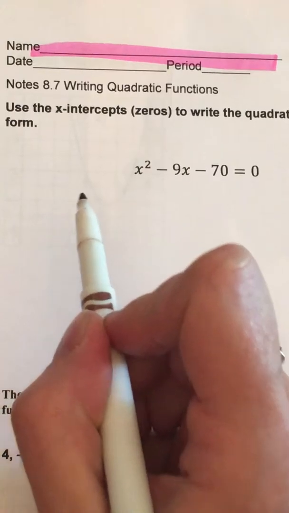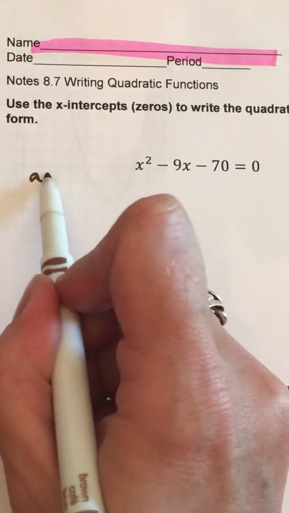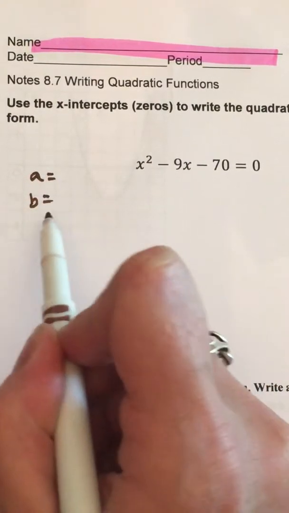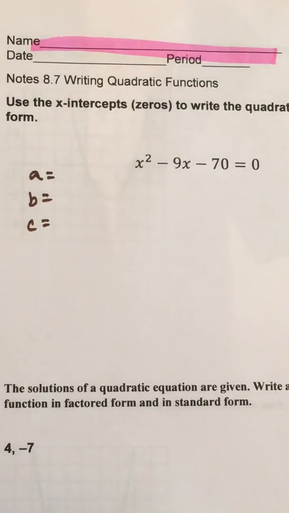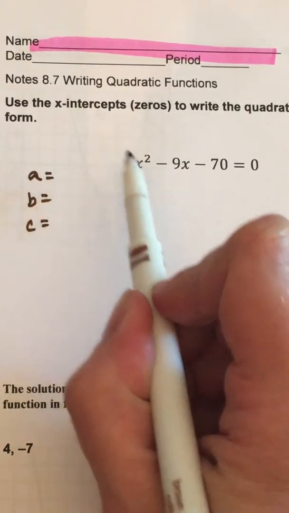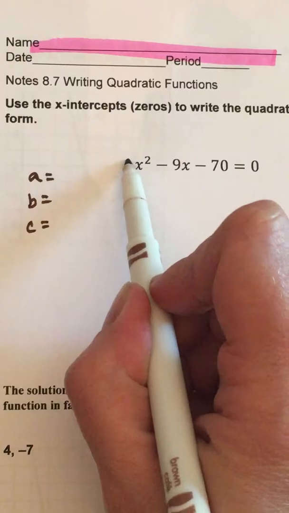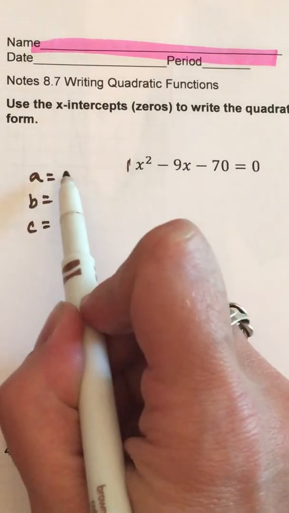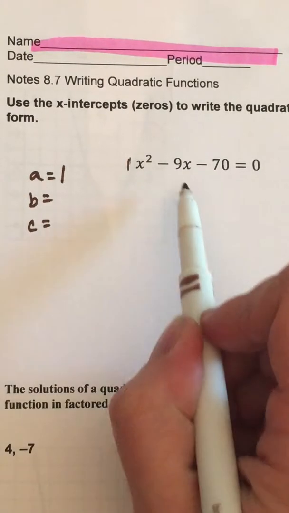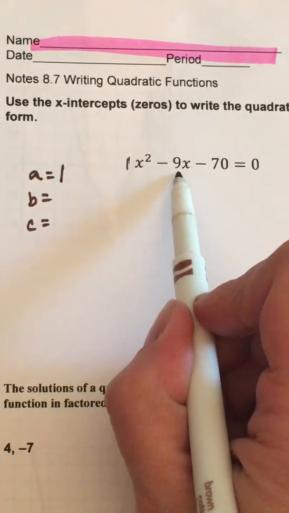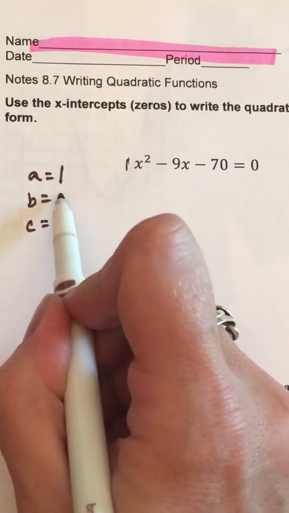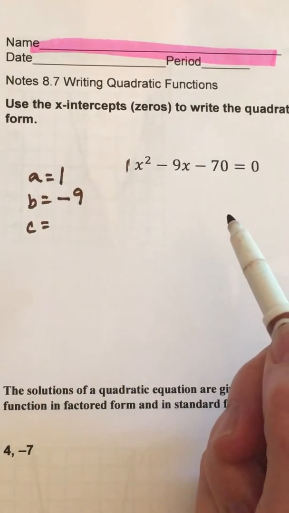To get us started, we need a, b, and c from our standard form quadratic function. a is the coefficient in front of x squared, and if nothing is there, we know it's a 1. b is the coefficient in front of x, so that is -9.